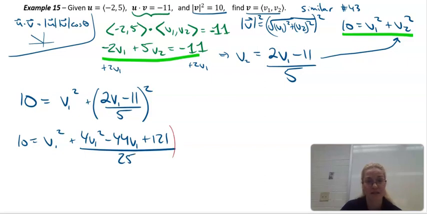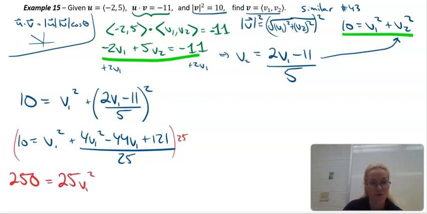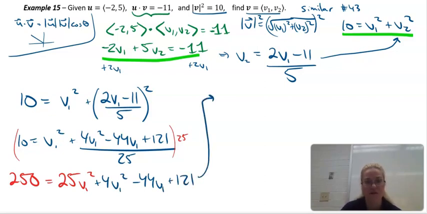All right, let's clear our denominators. Let's multiply absolutely everything by 25. So that's going to give me 250 is equal to 25 v1 squareds plus 4 v1 squareds minus 44 v1s plus 121. So in solving this, if I subtract 250 from both sides so I can get a quadratic, that's quadratic.